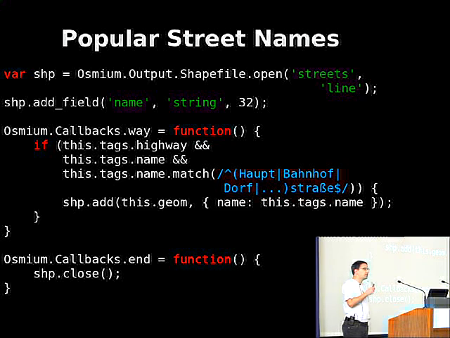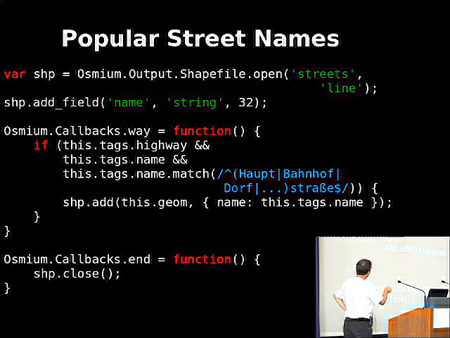Here's an example. I'm creating a shapefile, and I'm interested in the most popular street names, in this case in Germany. So what I do is I say, here, create me a shapefile. That's the name of the streets. It should have one field in it with a name, a string field, 32 bytes long.